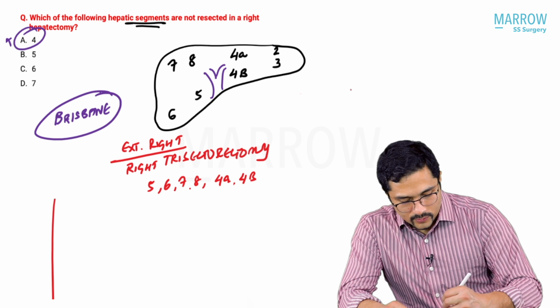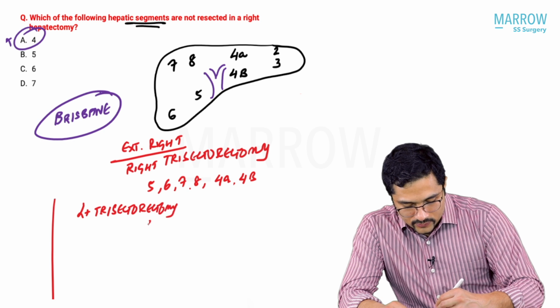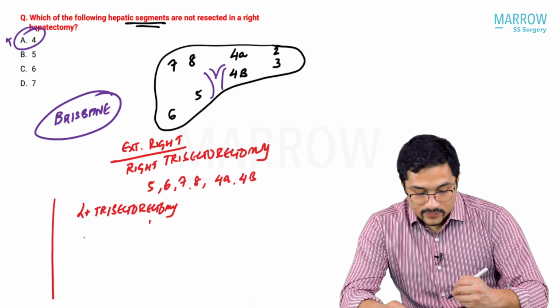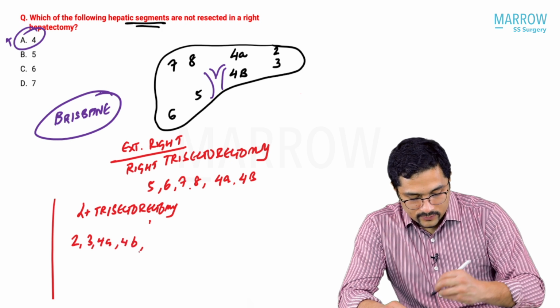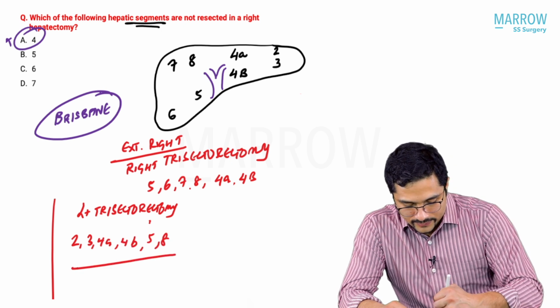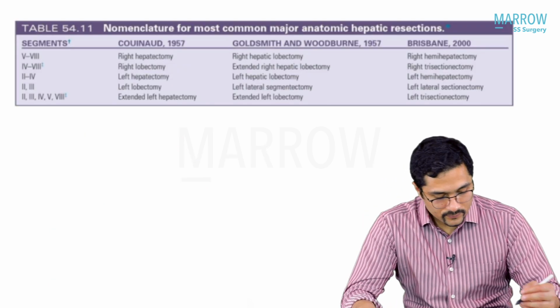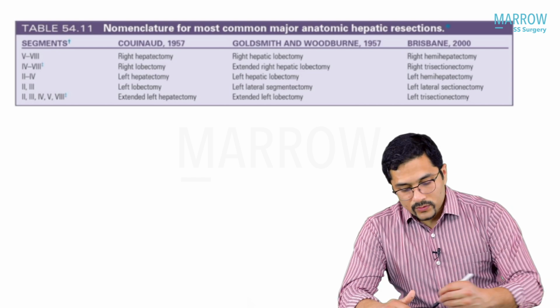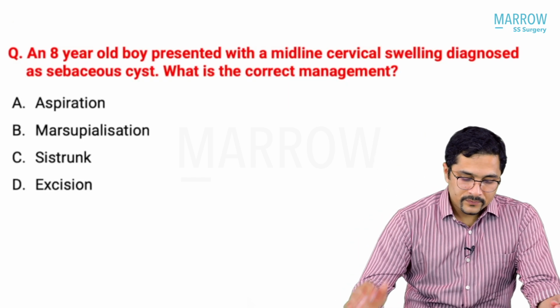And if you want to do left trisectorectomy, it is going to be 2, 3, 4A, 4B, 5 and 8. So that is left trisectorectomy. This is what I've just told you. This is the Brisbane classification for liver resection.